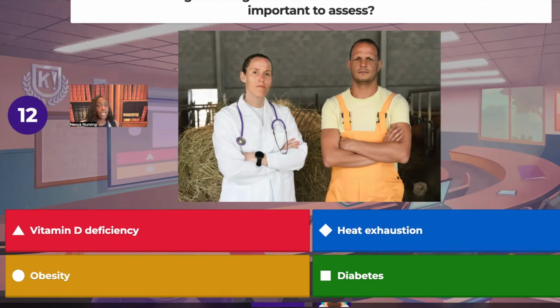Again, you're working with migrant farm workers. Which health issue is going to be most important for you to address, for you to assess? What's it going to be?